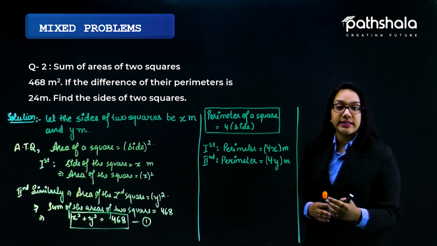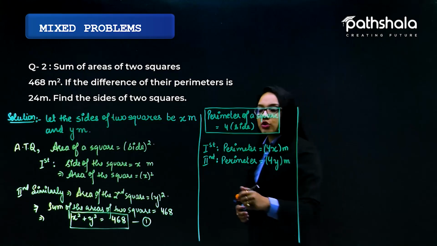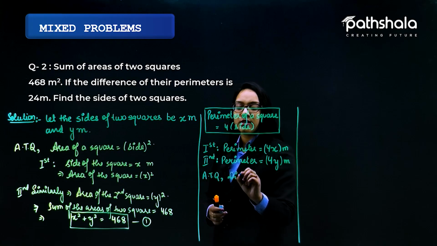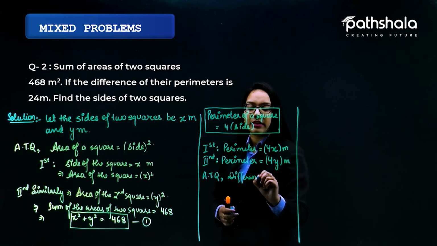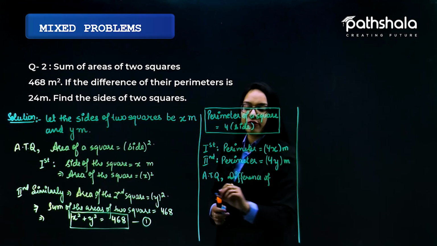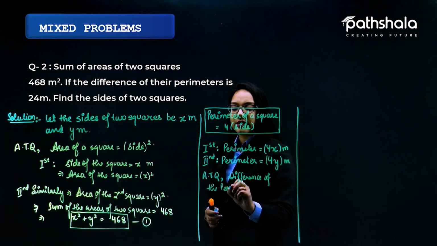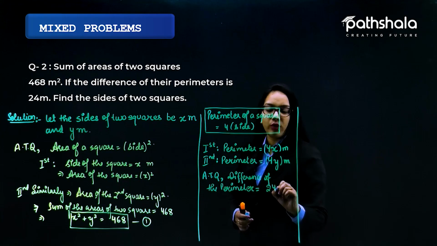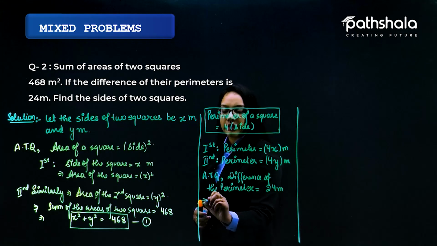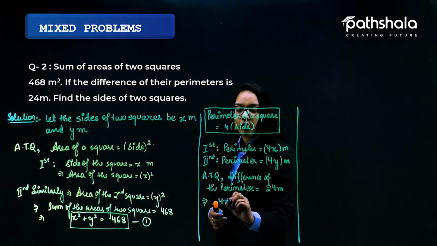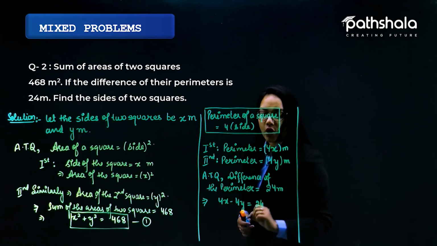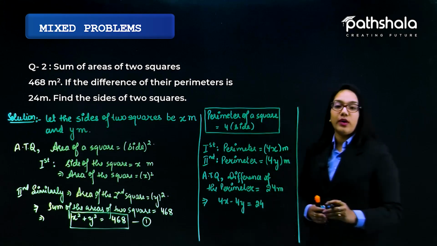According to the question, the difference of the perimeters is equal to 24 meters. So according to this condition, 4x minus 4y is equal to 24.